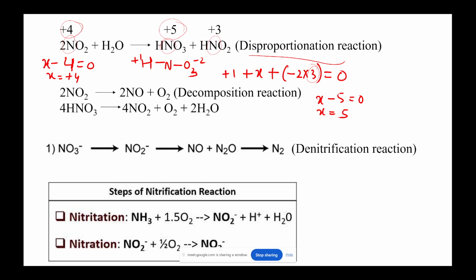And here in all these compounds you can see the oxidation state of nitrogen is +4, +5 and +3. So nitrogen can exist in multiple oxidation states, and basically in a disproportionation reaction, from one oxidation state, two different oxidation states are produced. So this is a disproportionation reaction. Disproportionation of oxidation number is happening.